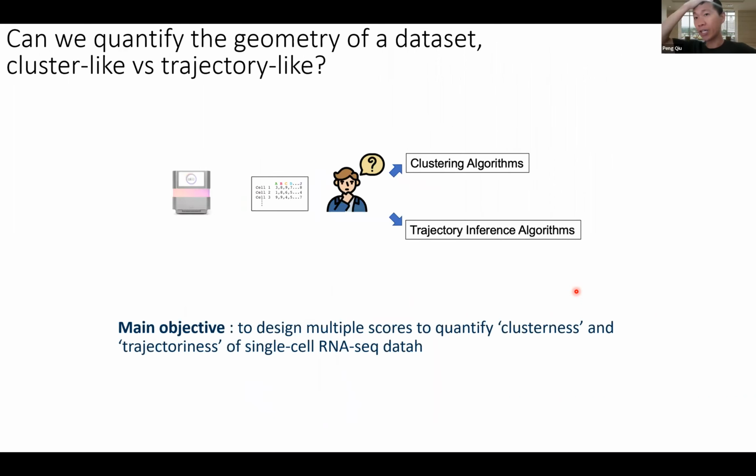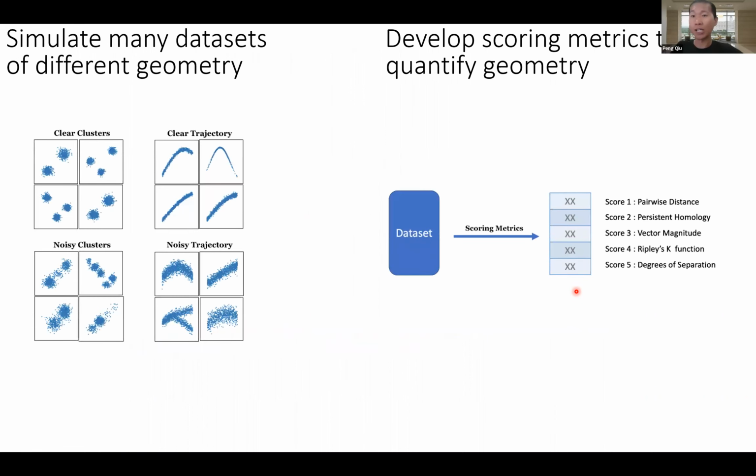That observation motivated my own research group to develop a quantitative measure of the geometric property of the data, so that we can quantify the clusterness and trajectoriness of a single cell data set. The way we did it was that we simulated many data sets with different geometry.